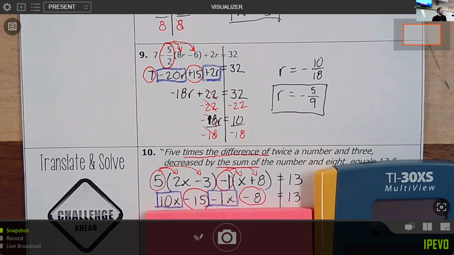Those go together. Does anybody have the next line? What does the next line read? Once you combine your like terms, what does the next line read?